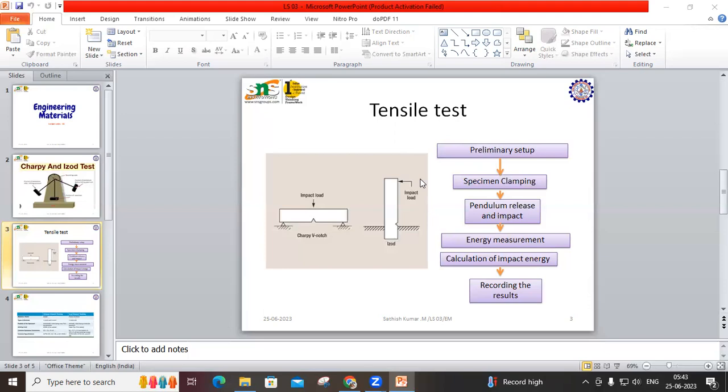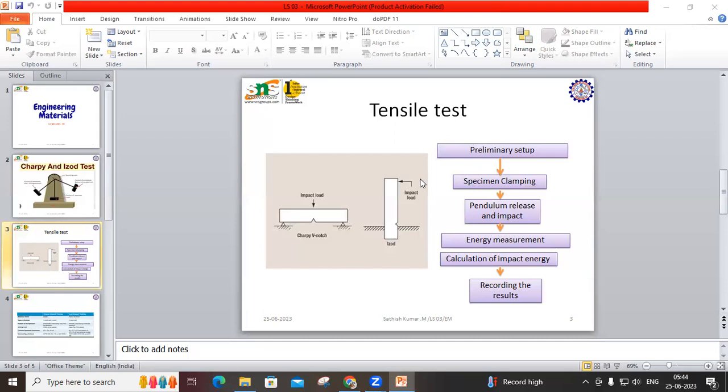The specimen dimensions and notch geometry are specified in testing standards such as the American Society for Testing and Materials. The test setup is next, where the Izod testing machine is prepared, consisting of a pendulum with a striking edge, a clamping system to hold the specimen, and a measuring system to record the energy absorbed during impact.